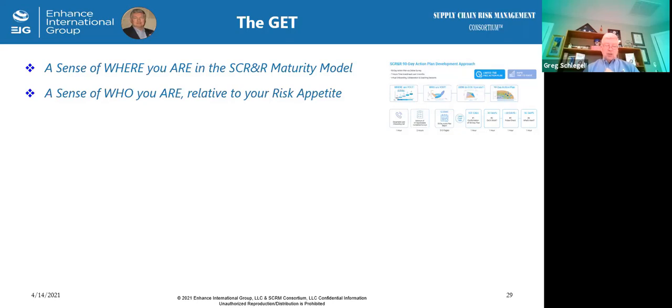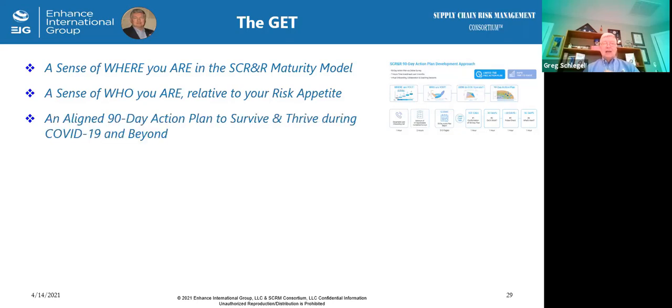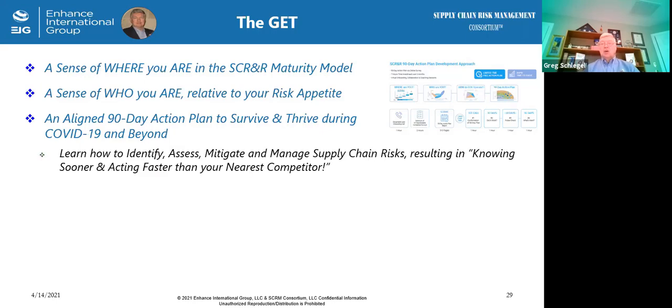You also get an aligned 90-day action plan, as Jim mentioned, to survive and thrive during COVID-19 and beyond. So we're taking all these elements into effect and attempting to give you a set of action items over the next 90 days to either start the journey or move the journey forward, move the lever forward.